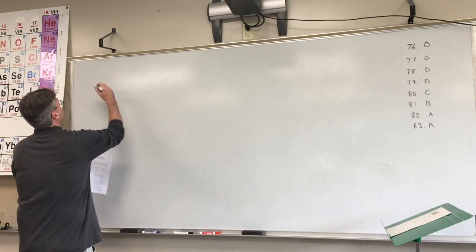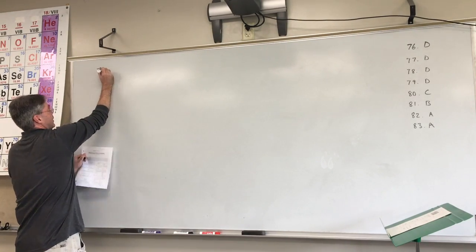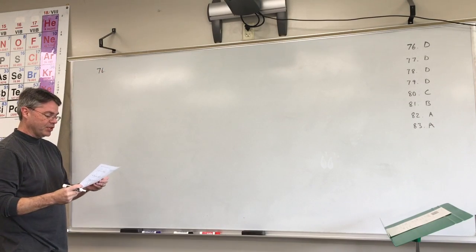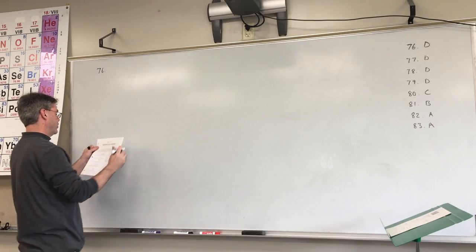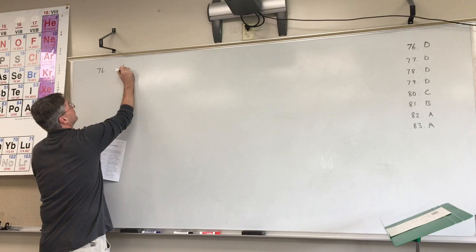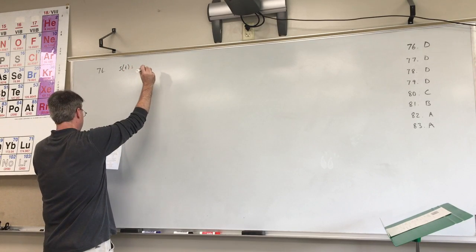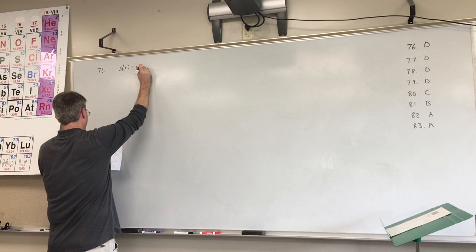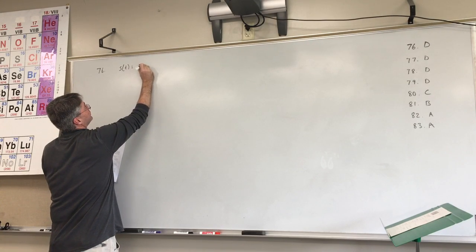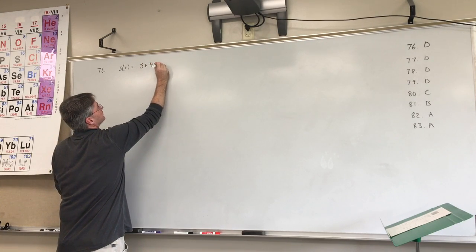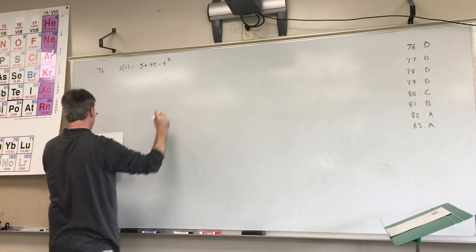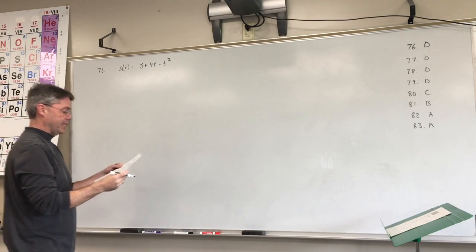Okay, so our first one, 76, says the position function of a moving particle is s of t equals 5 plus 4t minus t squared, between 0 and 10 seconds.